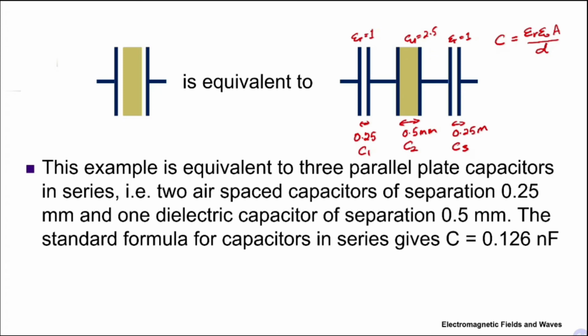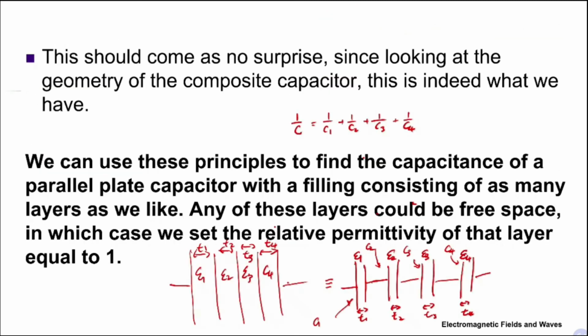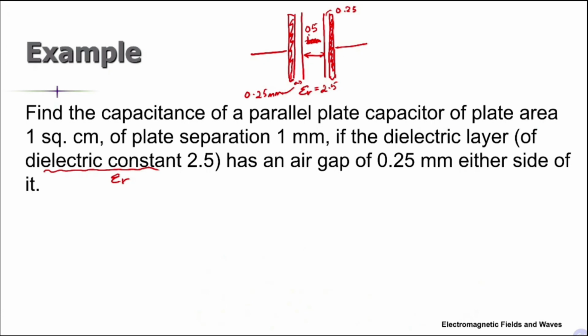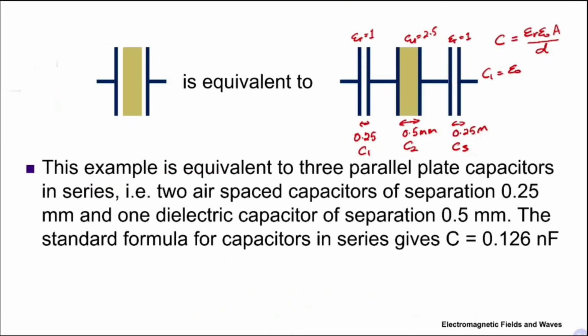Okay, so C1 will be equal to epsilon naught A, where A is 1 square centimeter.